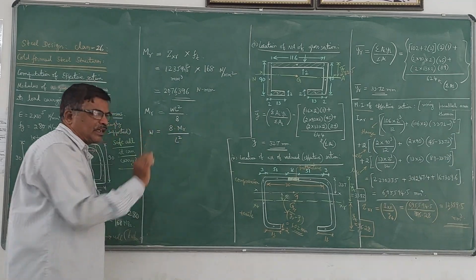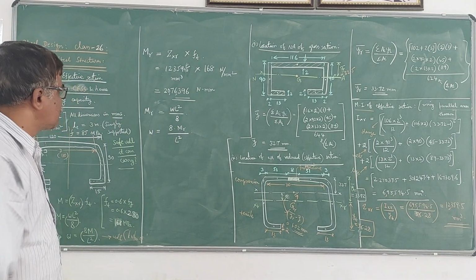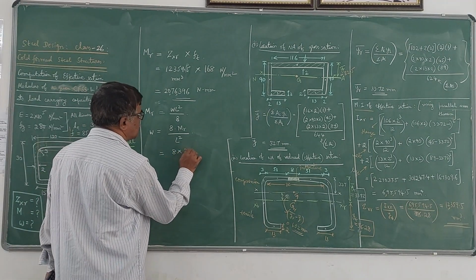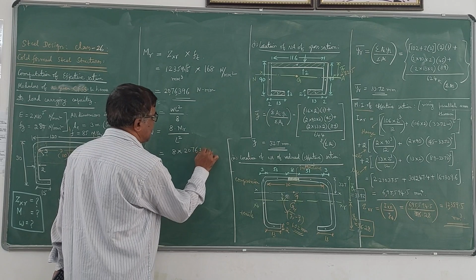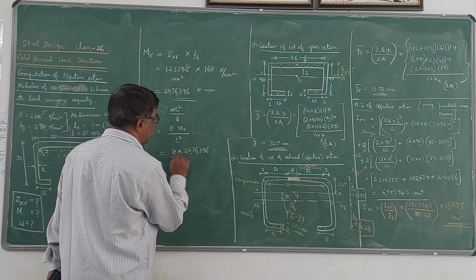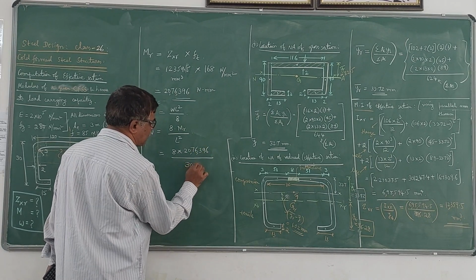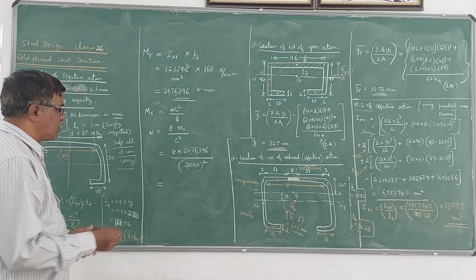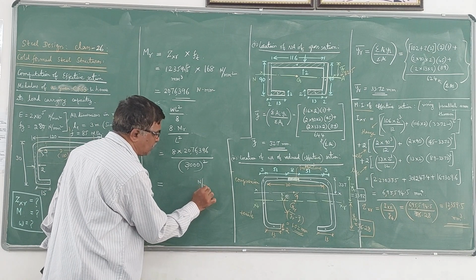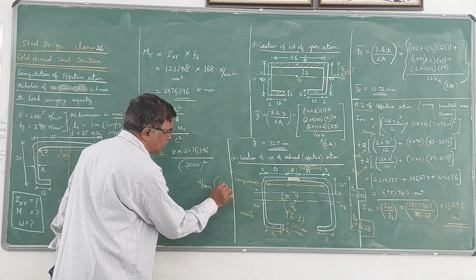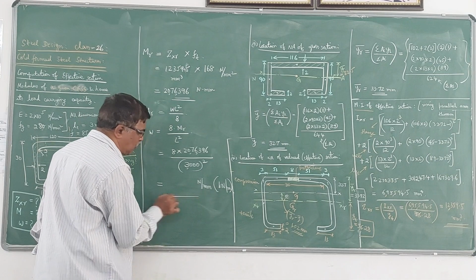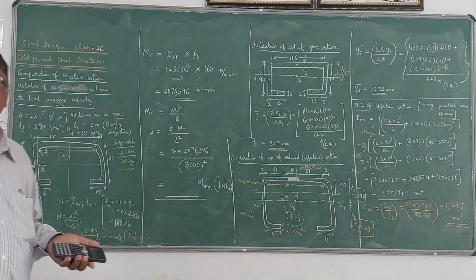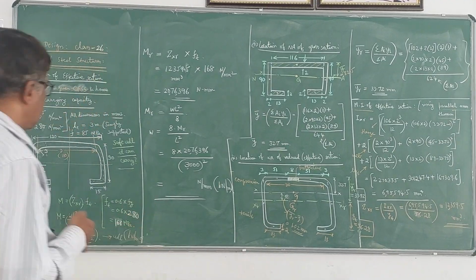Please note that everything is in Newton and millimeters, so we substitute in Newton and millimeters only. 8 into MR, 2076396, divided by L square, which is 3000 square because we substitute in millimeters. We get W in Newton per mm, which is the same as kilonewton per meter. This is the safe load carrying capacity of this section when used as a simply supported beam over a span of 3 meters.